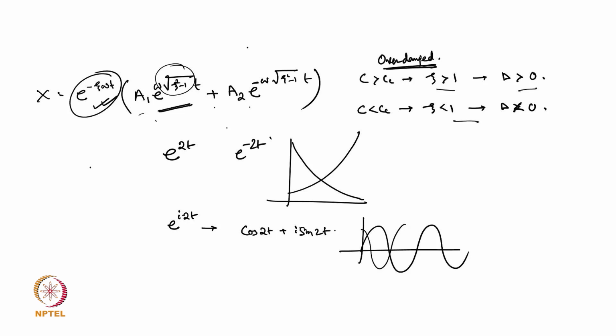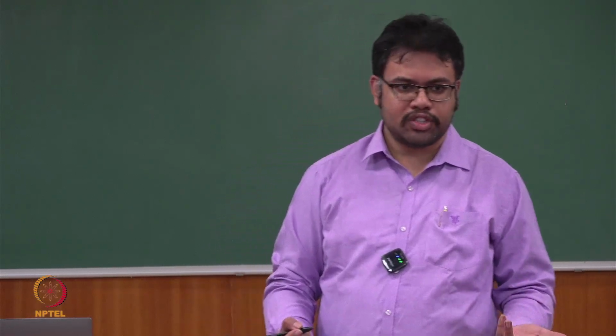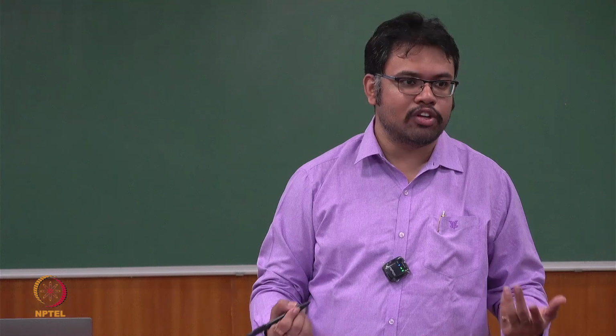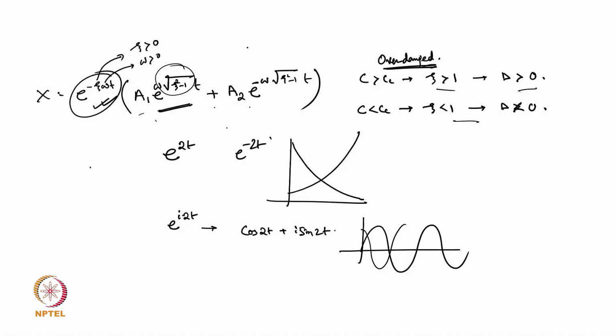It could be less than 1, greater than 1, or 1, but it is positive, so xi is always greater than 0. Omega is root of k by m. K is positive, m is positive, so root of k by m will also be positive. It's the natural frequency of the system, it cannot be a negative number. So now minus xi omega t, how does it look?